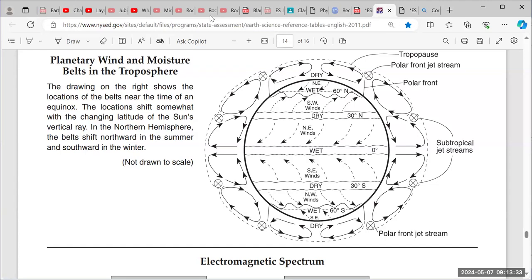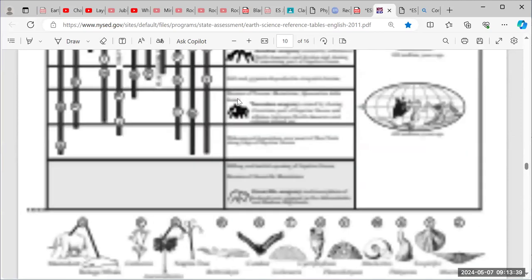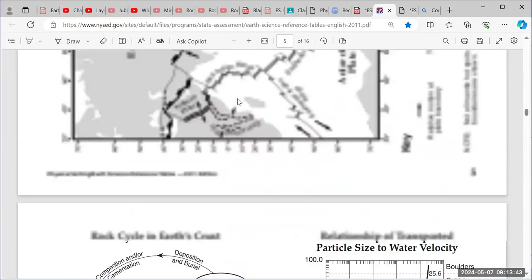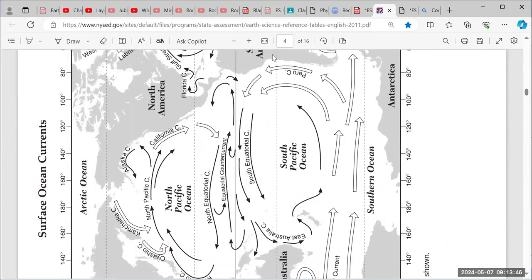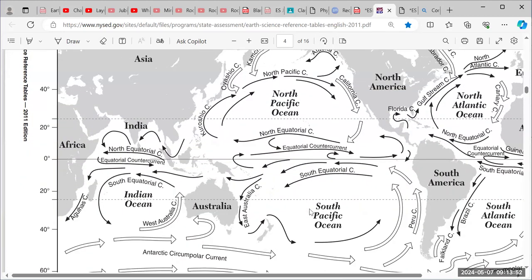And we also know on page 4 of the reference tables, right over here, let me do a quick rotate. There we go.